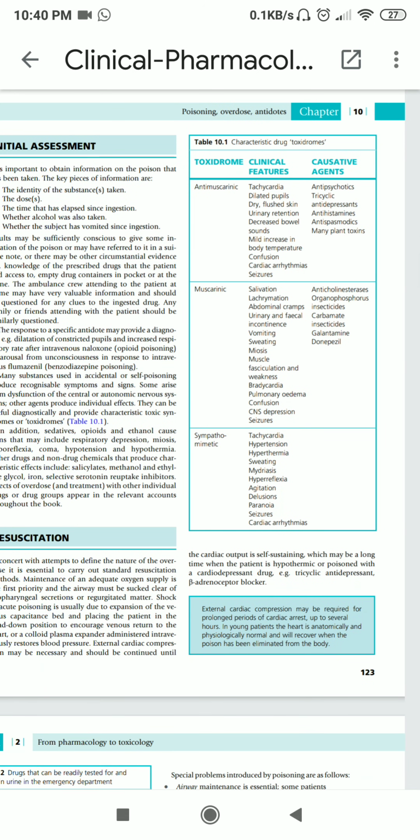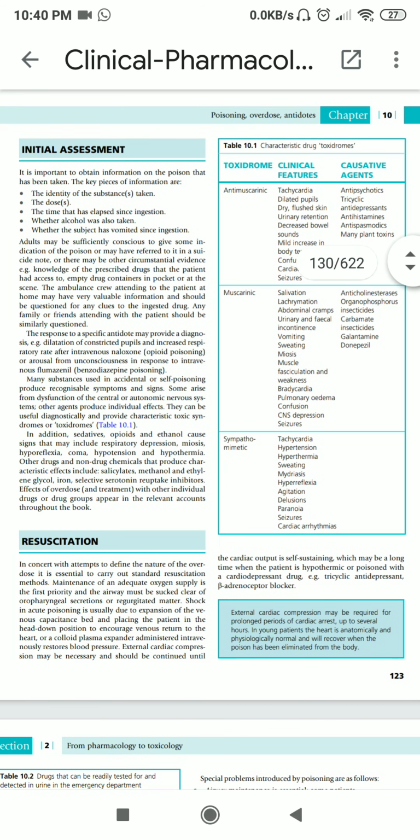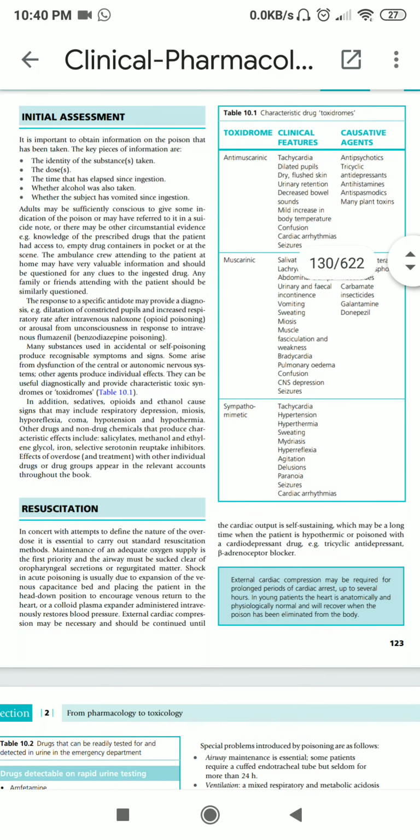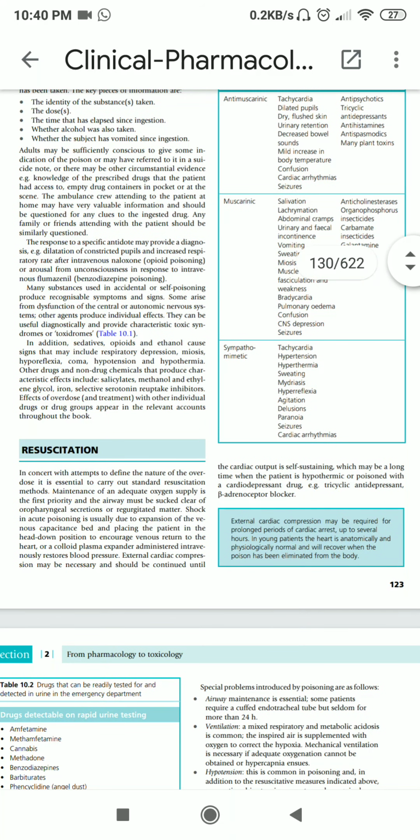And sympathomimetic means these drugs which are going to mimic the sympathetic nervous system. So these can give us symptoms such as tachycardia, hypertension, that is tachycardia is high heart rate, hypertension is high blood pressure, sweating, mydriasis, hyperreflexia, agitation, delusion, paranoia, seizure, cardiac arrhythmia.